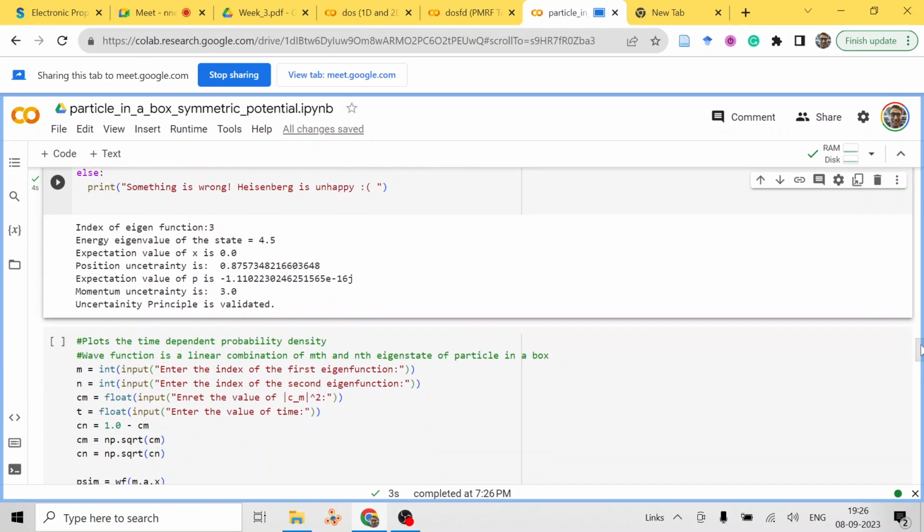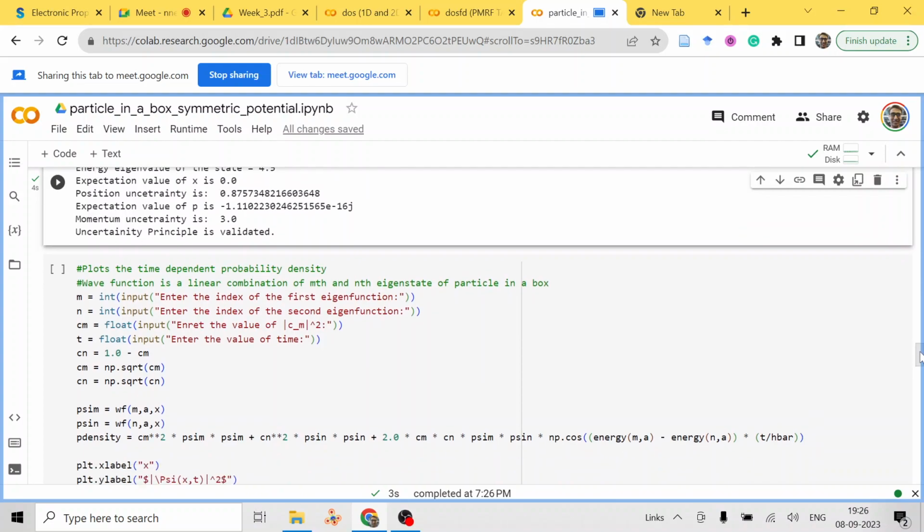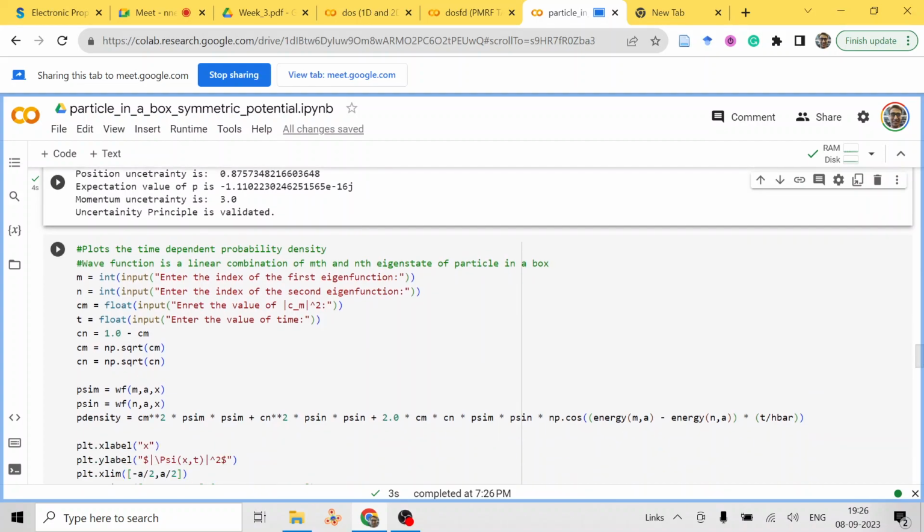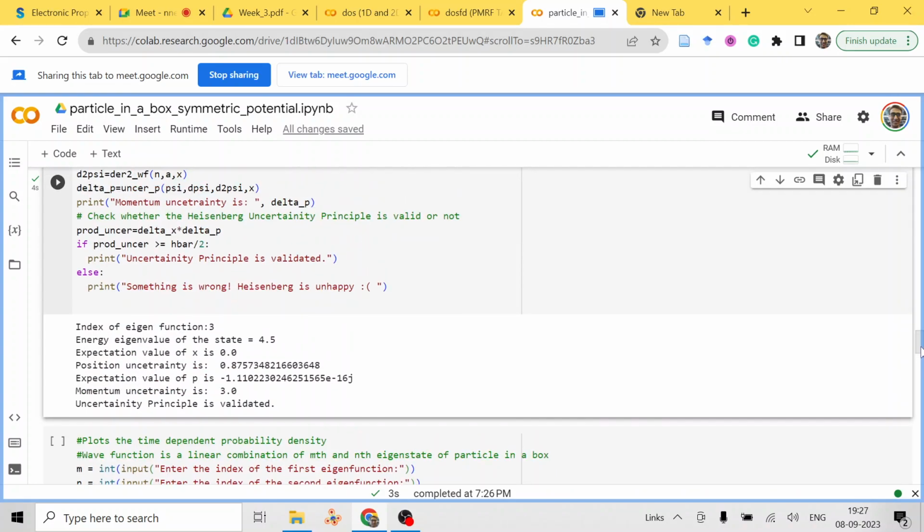Alright, and let us go to plot. Here you can still see that there is some value for n equals 3, but it is 10 to the power minus 6, so it is still 0. So our expectation value, as we know, will be 0 for the particle in a box.